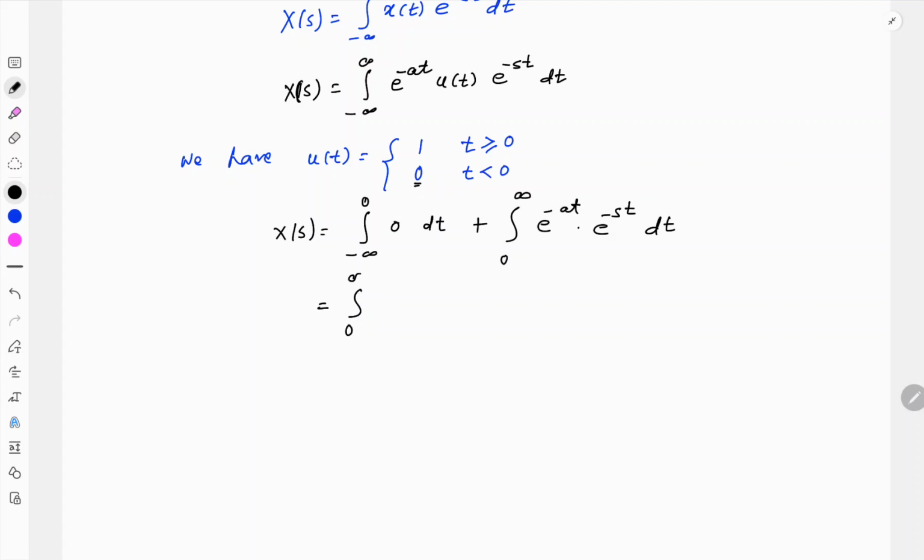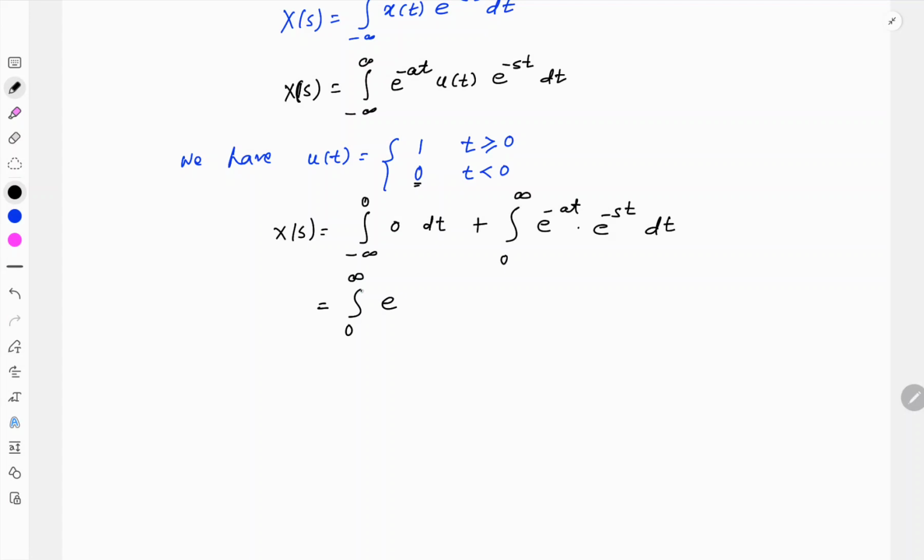Integration 0 to infinity. There are two exponential terms, so we can add the powers of these exponentials. Now keep in mind the very crucial thing: whenever we are combining the exponential terms in case of Laplace transform, always take care of the limits. Here in the integration we have limit 0 to plus infinity.